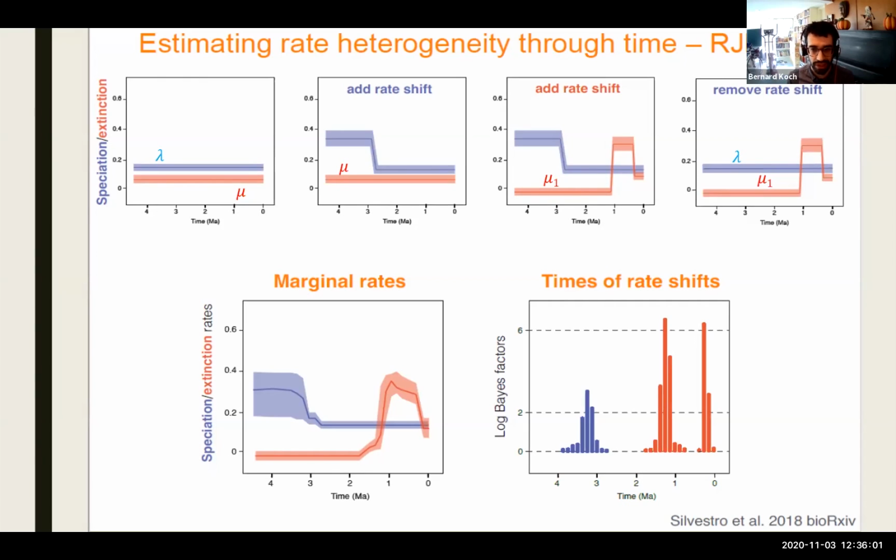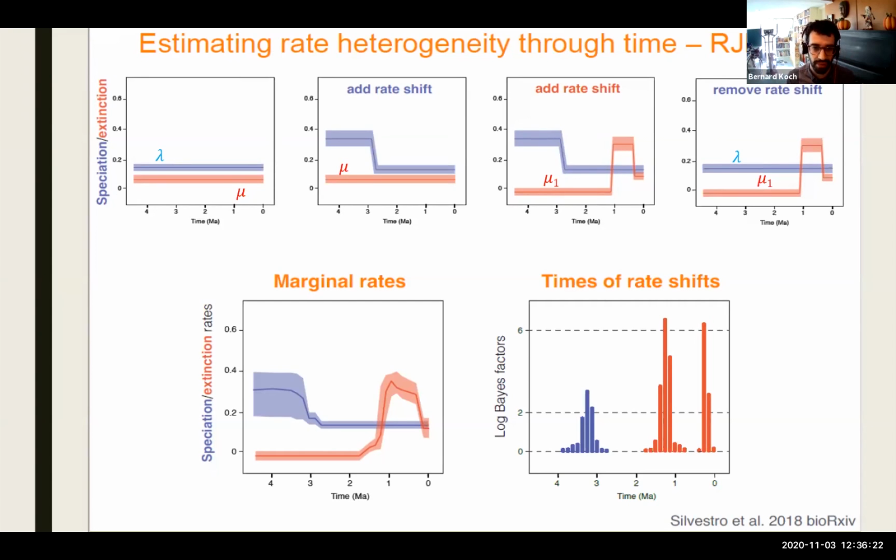And so what the model does is it proposes to concatenate multiple birth-death processes together throughout the course of time. It will basically fit the model to the data, and some additional birth rates will be accepted and some will be rejected.